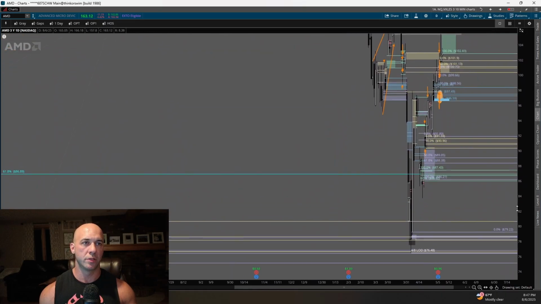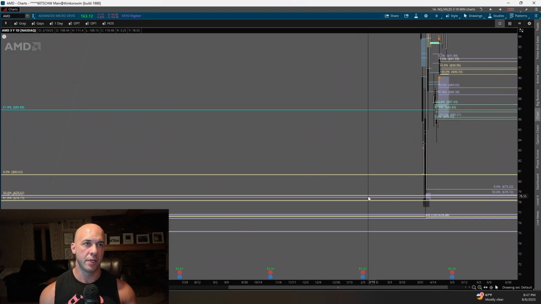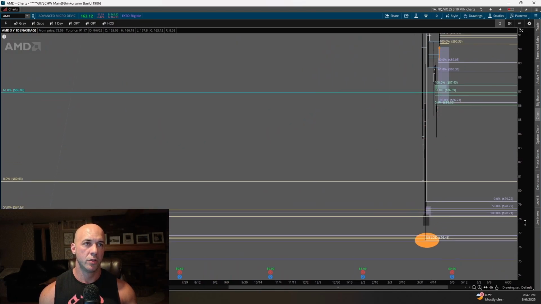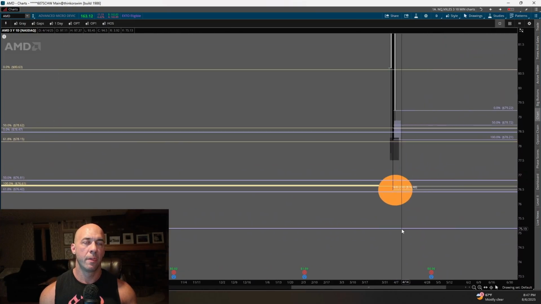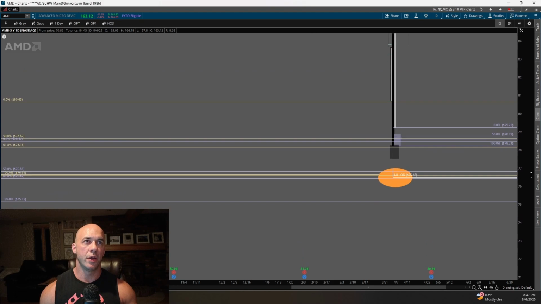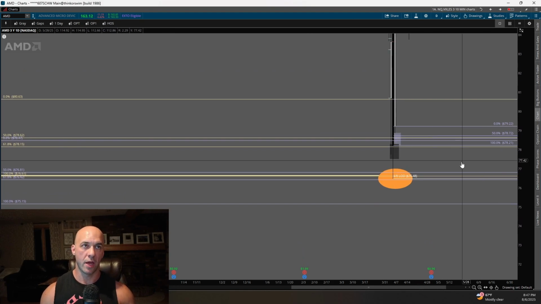I just want to show you guys another really, really powerful example of what happened with AMD right as it hit this low right here. So I'm going to try to zoom way in. Okay. And so what you see here is this is the low of the April 8th candle, okay? And it snapped back up and closed right back up here.